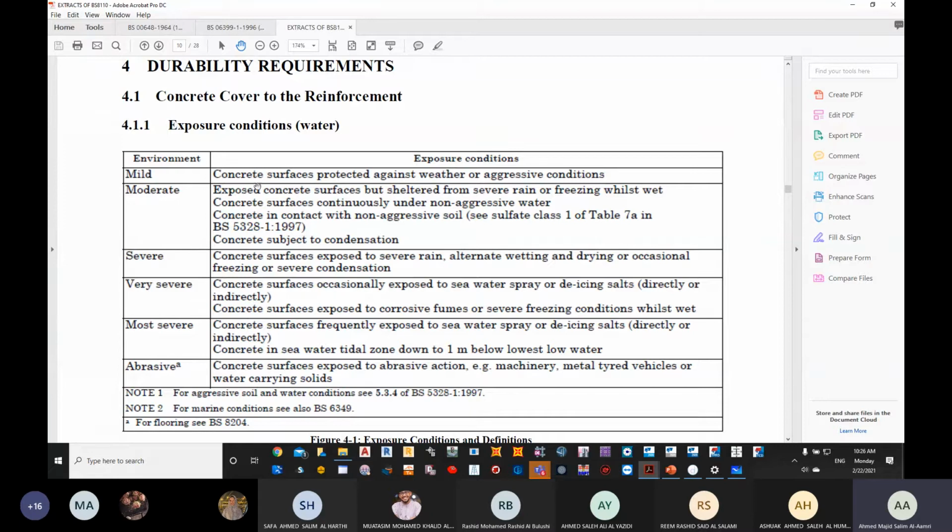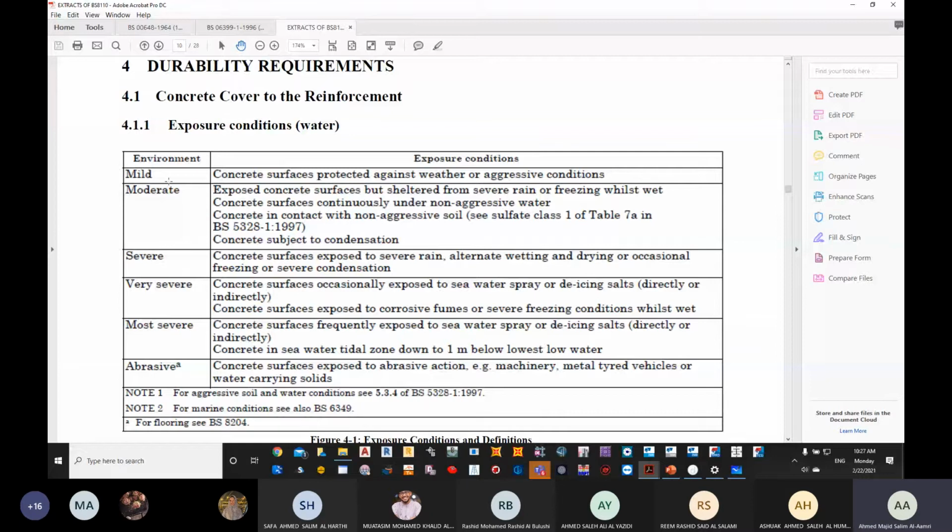So the code says, if you are exposed to severe rain, exposed but sheltered as well, protected. So if you are having rain in that particular area where you are designing your building or your element, then you need to take it as moderate. Now, if there is no protection, or let's keep it simpler, if the rain is too much in that particular area, then you need to design it for severe. Okay.